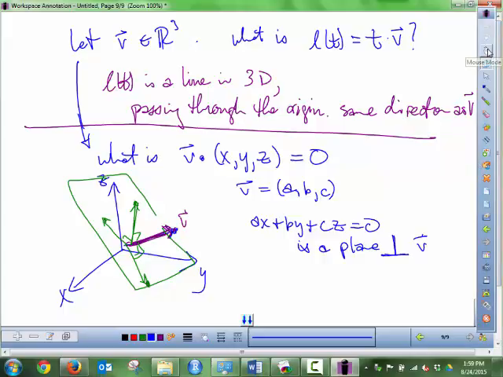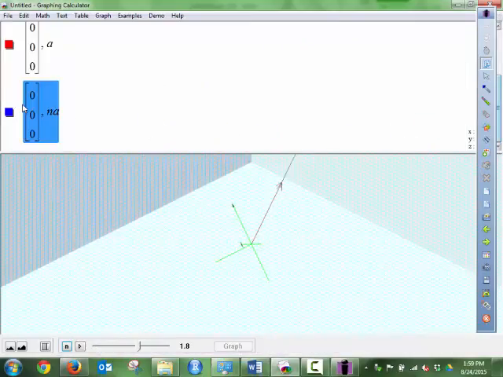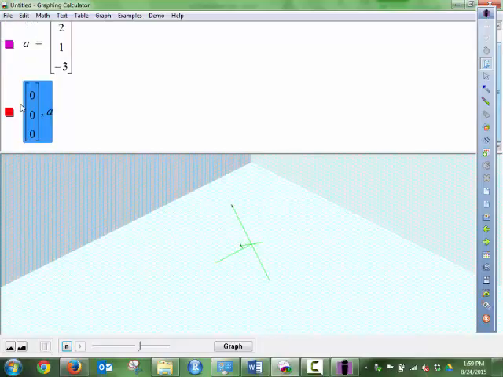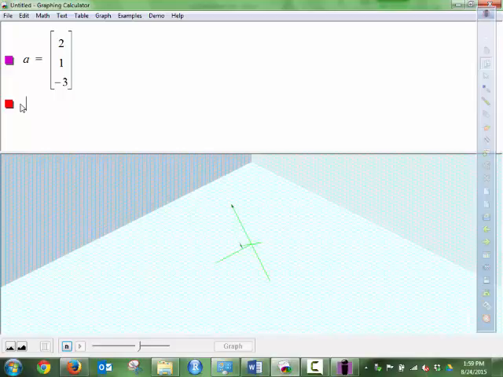So in fact, just as the last drawing here, let's take A and dot it, I guess multiply, with x, y, z and set it equal to 0.